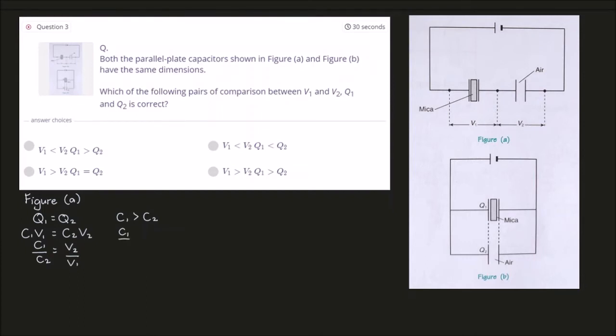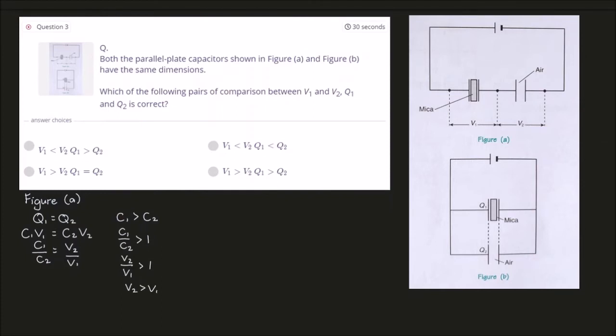We can conclude that C1 over C2 is greater than 1. Since C1 over C2 is equal to V2 over V1, V2 over V1 will be greater than 1. That means V2 is greater than V1.